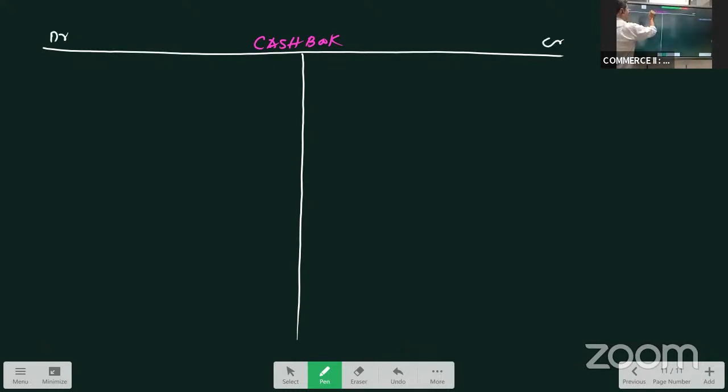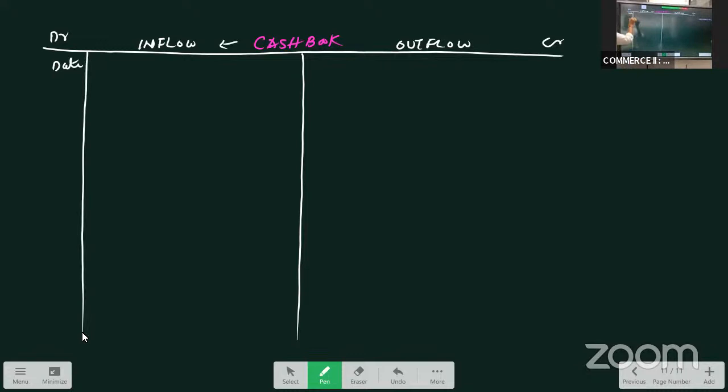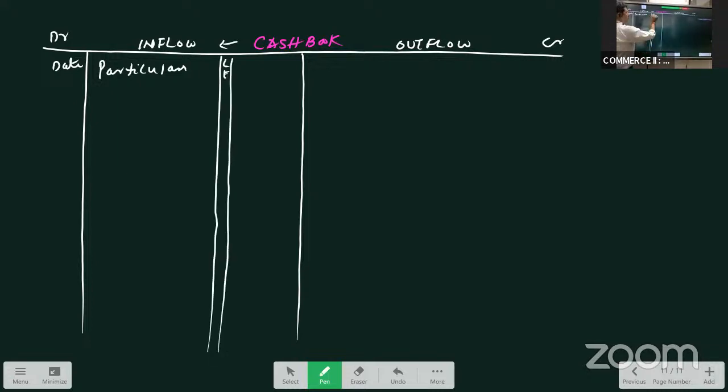So as per the rule I said, if there is any inflow, if money is coming in, we will write it on the debit side, and if money is going out, we'll write it on the credit side. What is the format? The format is date, particulars, LF, amount.